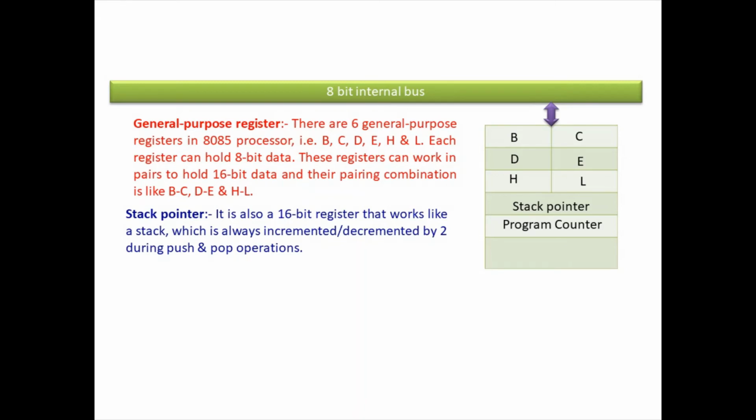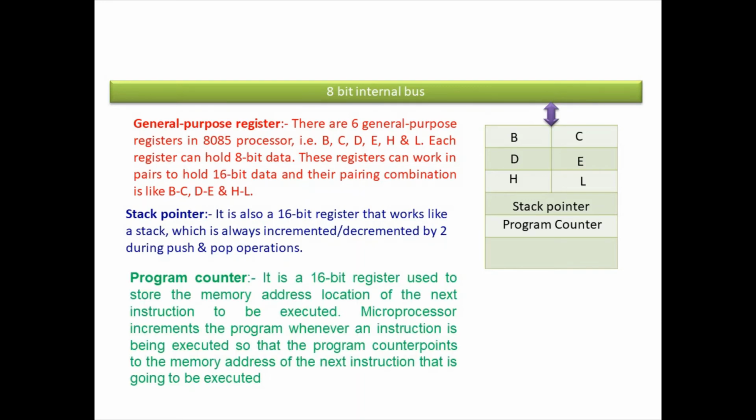This program counter is one of the important registers in 8085. It is a 16-bit register which holds the address of the next instruction to be fetched. So the next instruction that we are going to fetch will be identified by this program counter.